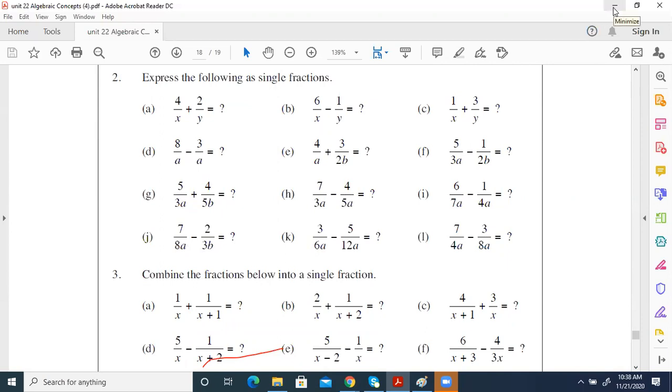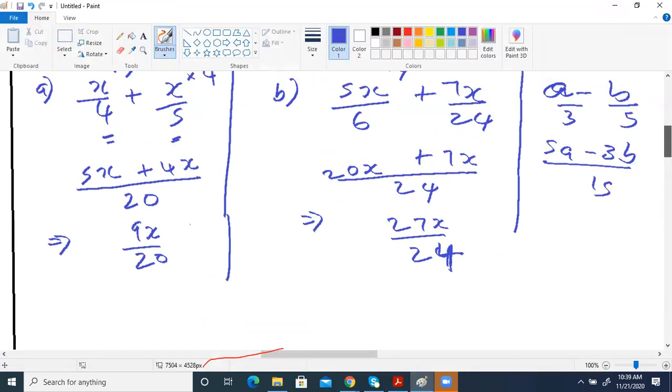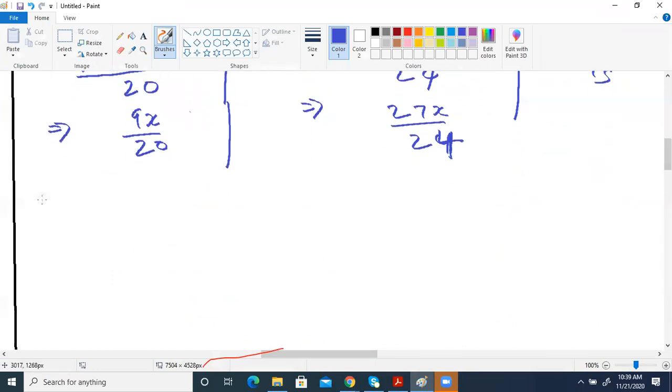Maybe the best way I can help is to give you an idea of how you would do an LCM with variables. Let us go back to numbers before we jump to the variables, the letters.